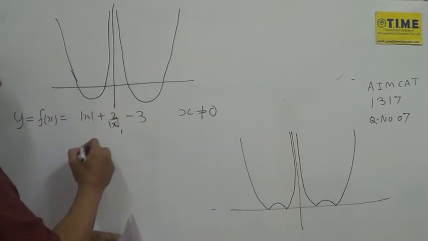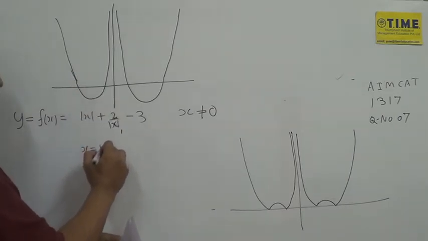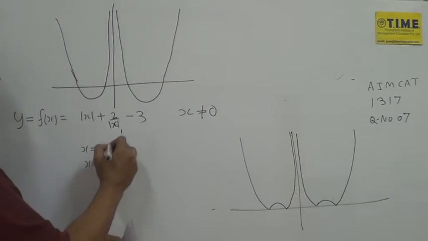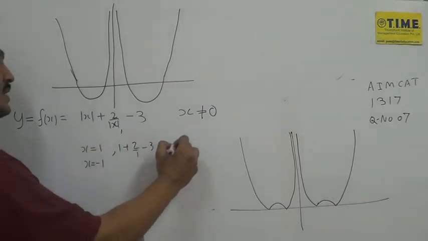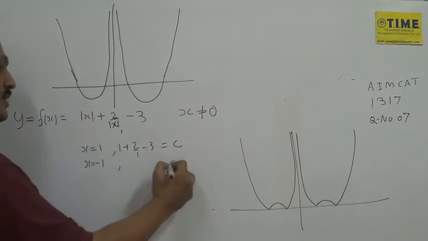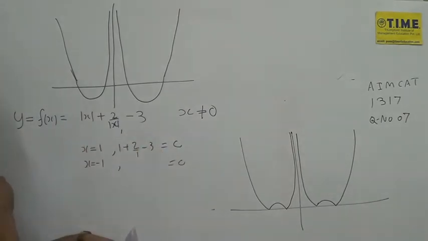A simple trial and error will tell me that for x equal to 1, and obviously for x equal to -1 also, if I substitute 1 plus 2 by 1 minus 3, y is becoming 0, and this also becomes 0.